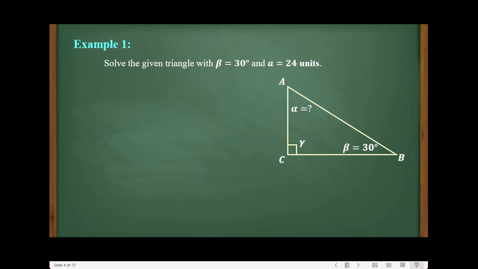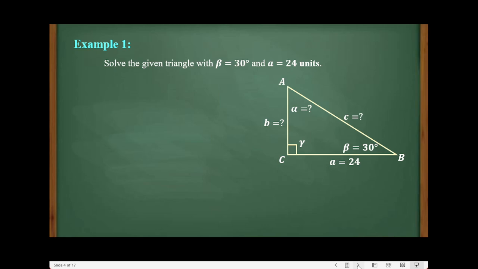And the other acute angle is labeled as alpha, which at this point we don't know the measure of. And angle gamma, which is obviously the right angle, together with the labeled known and two unknown sides. Okay, so basically we are trying to solve this right triangle, meaning we need to find the measure of those three unknown parts given the other two parts.